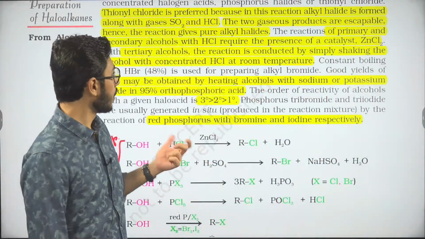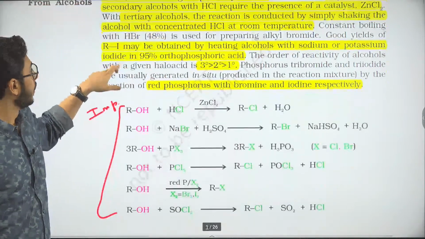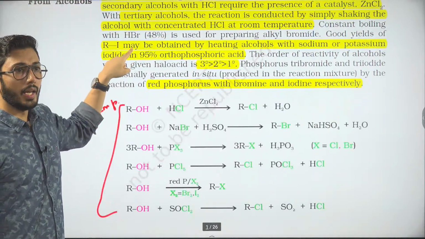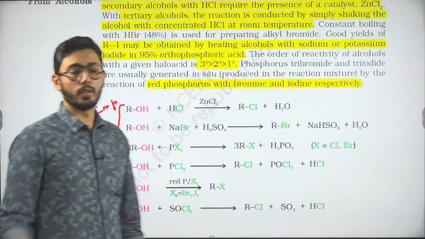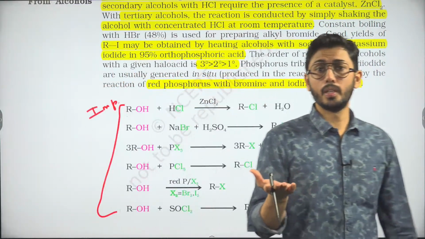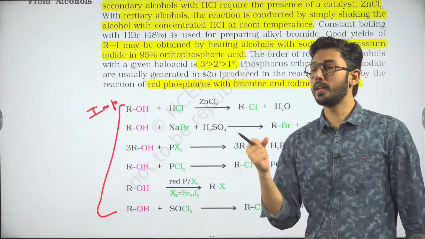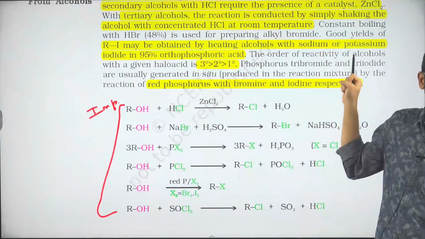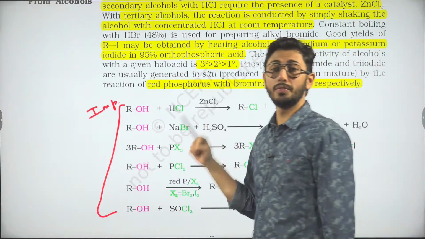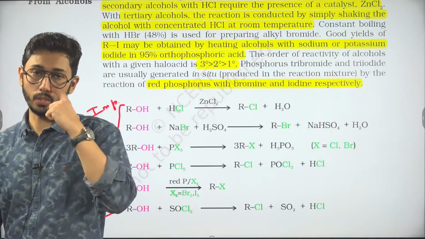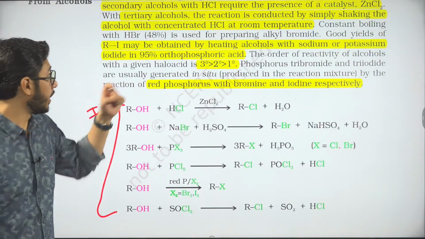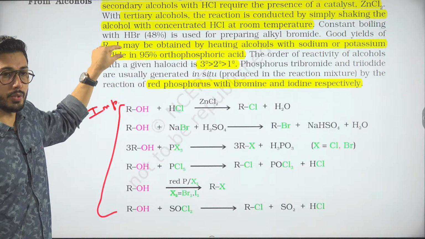Then, another point in this paragraph. A good yield of alkyl iodide, RI, can be obtained by treating the alcohol with potassium iodide or sodium iodide in the presence of which acid? Phosphoric acid, orthophosphoric acid. In this part we are not going to use H2SO4.